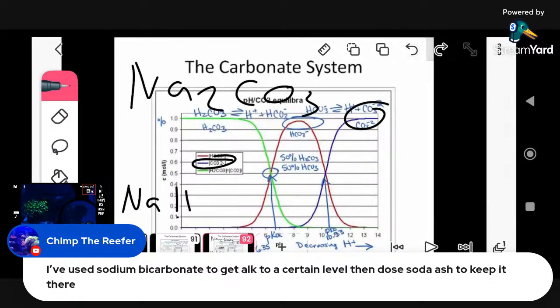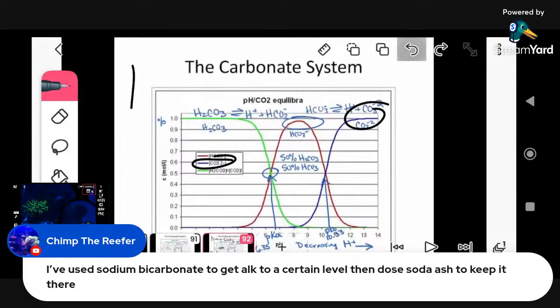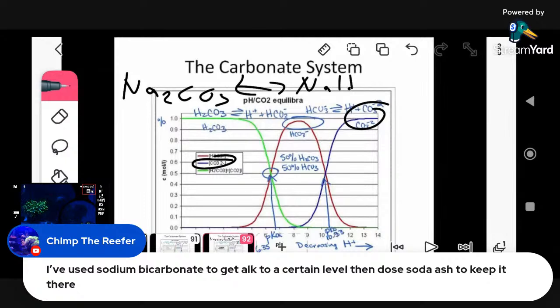Na2CO3, and then sodium bicarbonate, NaHCO3. Bam, there you go. I just noticed I should have written it in reverse, and then you'll see why.